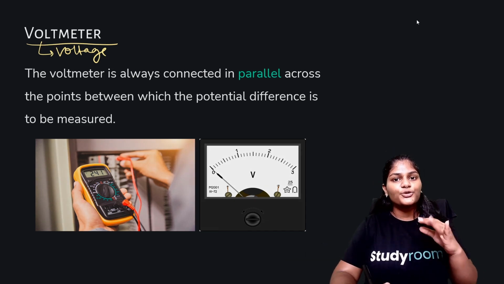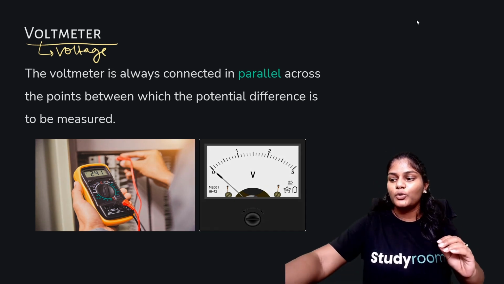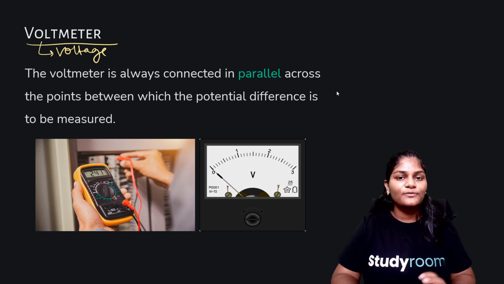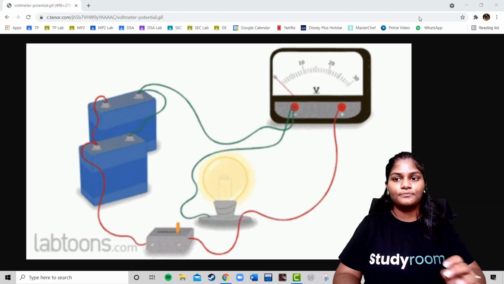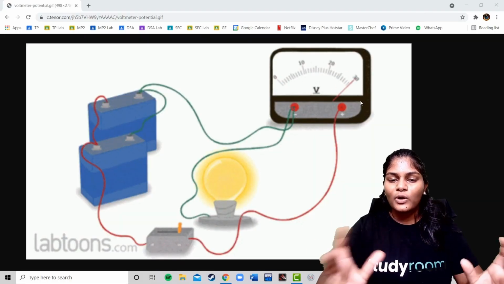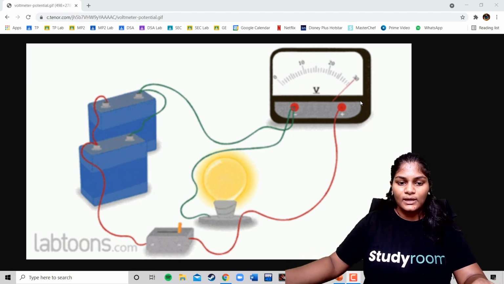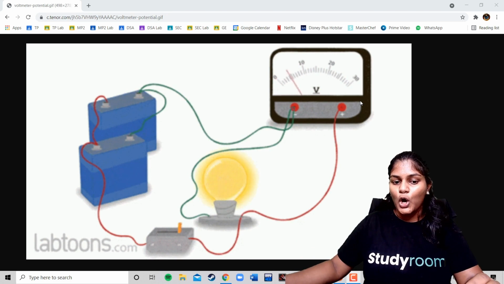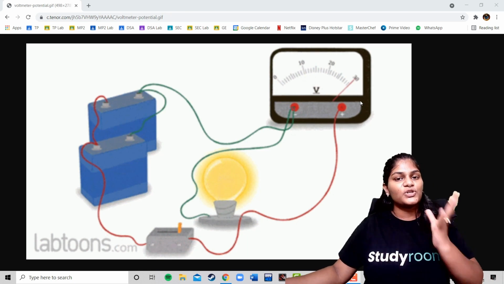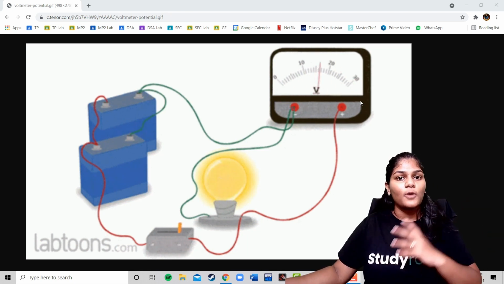Okay, so now I'll show you one small GIF which would make it more clear to you what exactly the voltmeter does. Okay, so look at this. What does this GIF show you? This gray box is nothing but the key. So you can see as soon as this key is taken to the left side, the switch is basically off. So the bulb stops glowing.